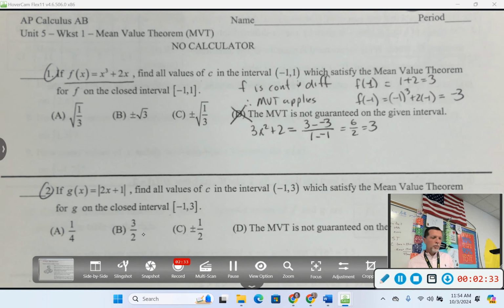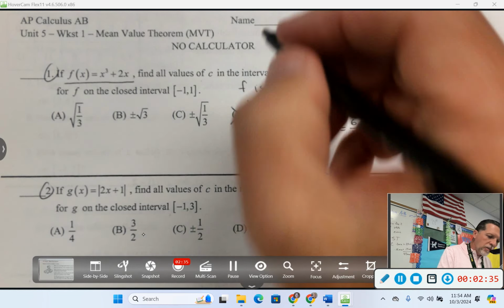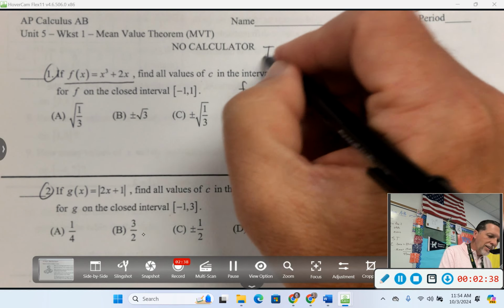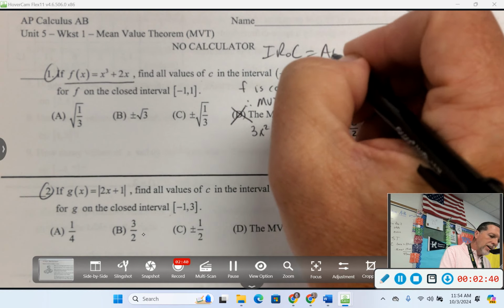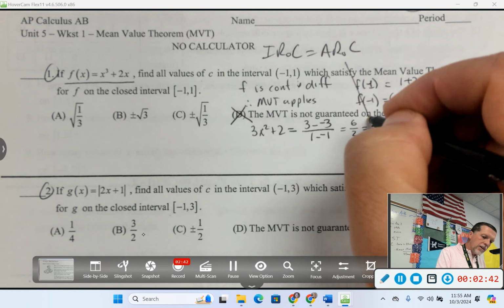Okay, so my algebra slope, I was pressed for space, I didn't write IROC equals AROC. But the AROC is 3.